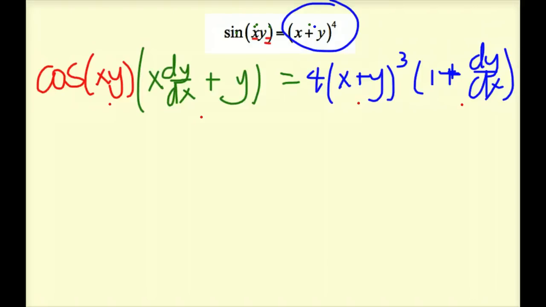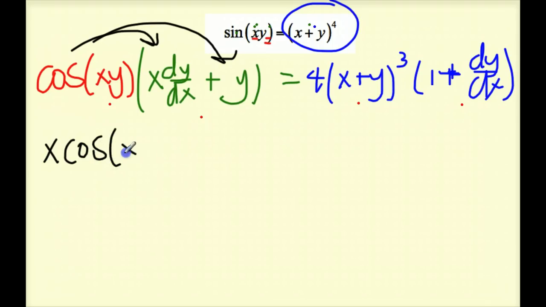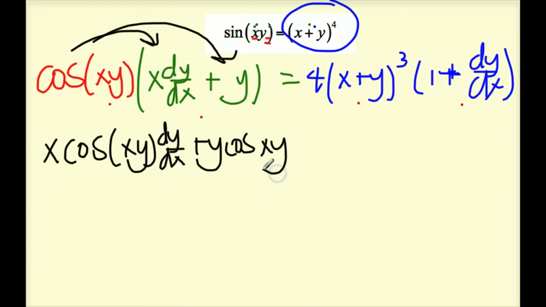So right here, if I distribute this to here, I get x cosine of xy dy/dx plus y cosine of xy.